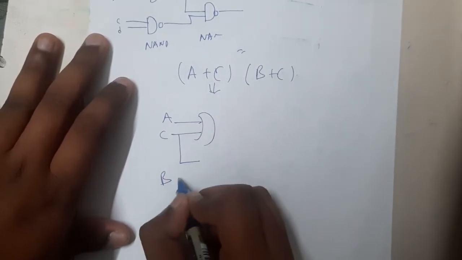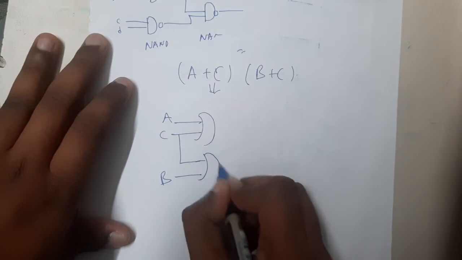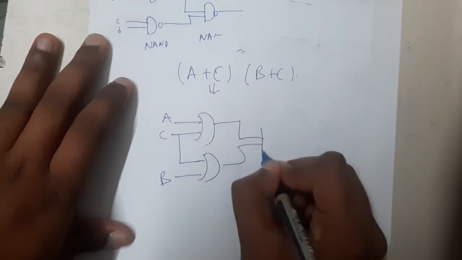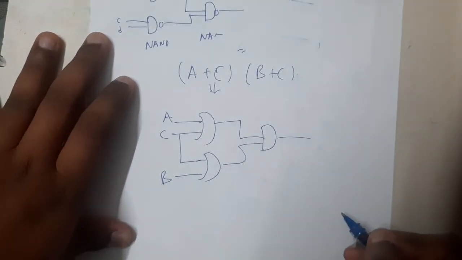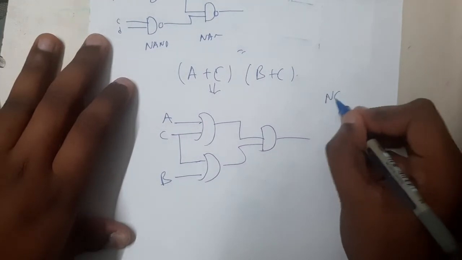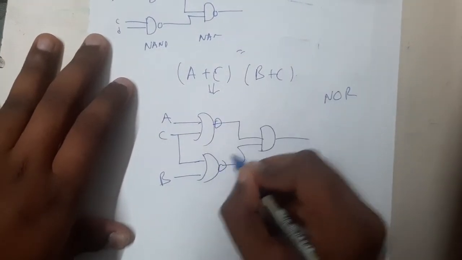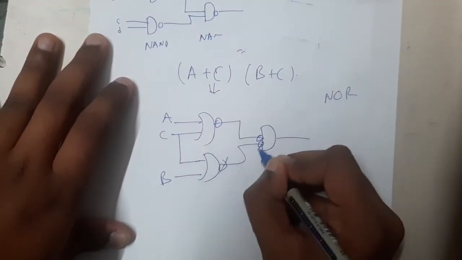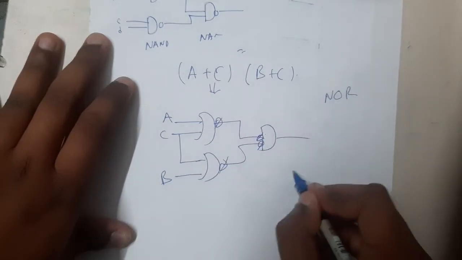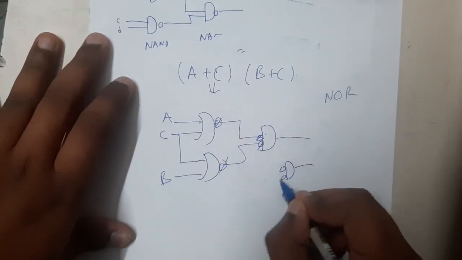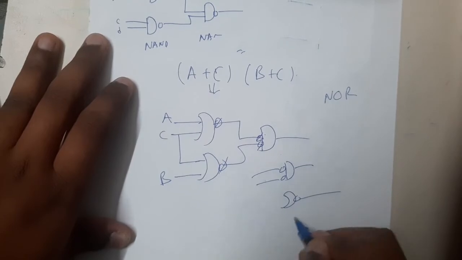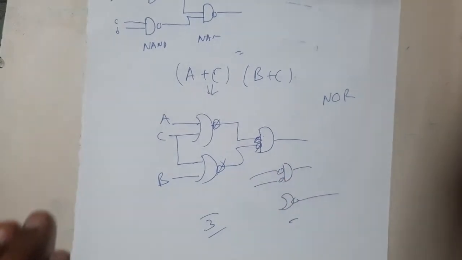C I'll be taking from here, and here we have B. You can apply OR and then apply AND gate. Here we are trying to convert it into NOR, so apply bubble here, here, and here; these two will cancel and these two will cancel, no change. So this gate you can convert into this. Indirectly you need 3 gates. In this way you are going to solve these types of questions, guys.